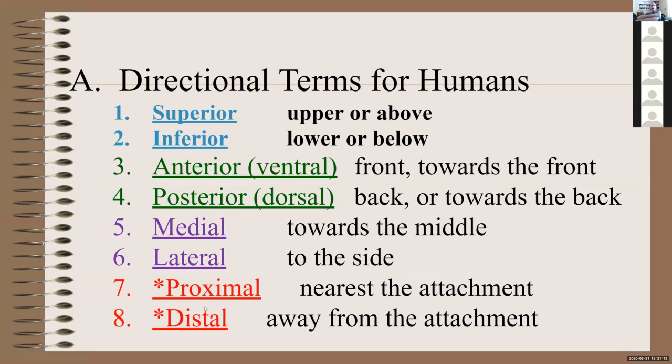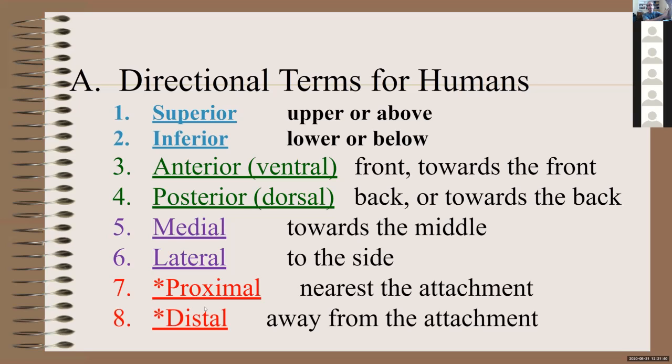This part of my arm, compared to this part of my arm, is proximal to this part of the arm. It says this location is closer to the attachment point than this one is.